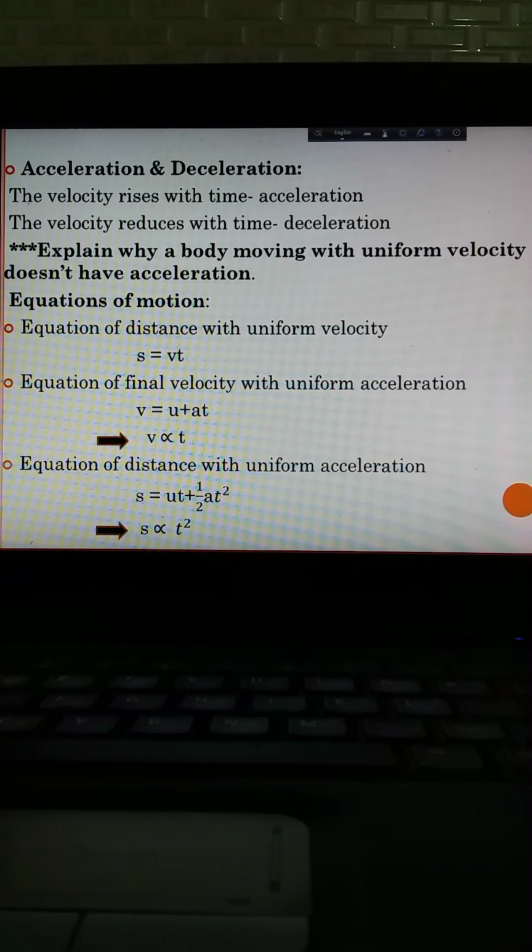Okay, the third equation is the equation of distance with uniform acceleration. Here we are again using uniform acceleration, but the relation will be with distance. The equation is s equals ut plus half at square, where s is distance, u is initial velocity, t is time, and a is acceleration. Again, if the body starts from rest, then initial velocity u will be 0.